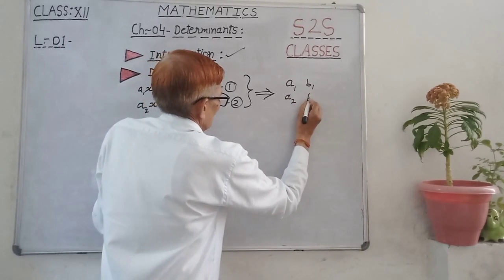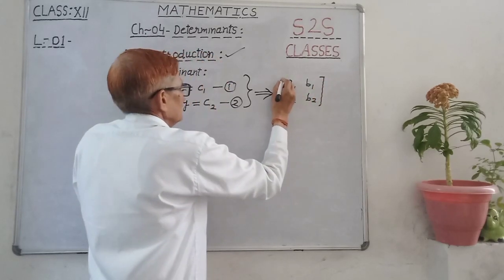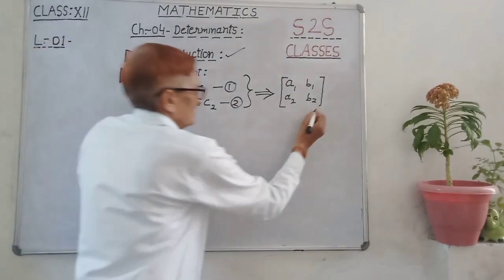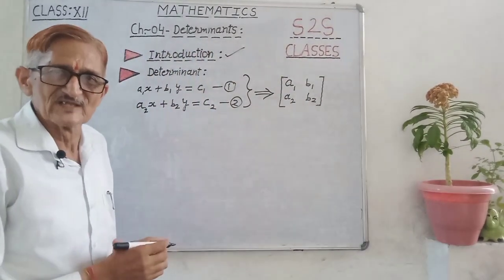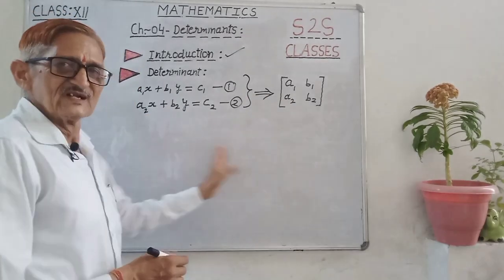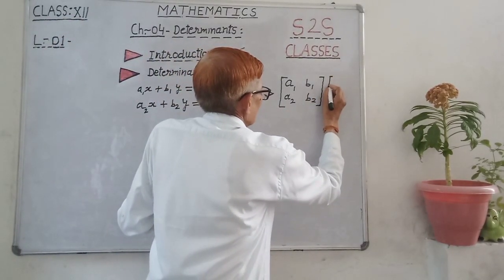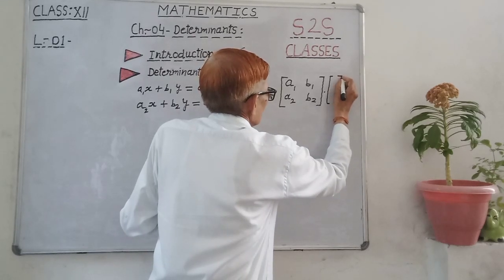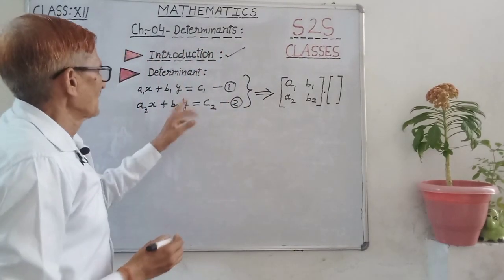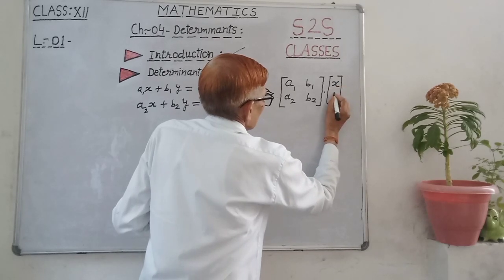This is a square matrix, since it is a 2 variable system. These coefficients of x and y, first equation in the first row, second equation in the second row, multiply with the column matrix x, y.